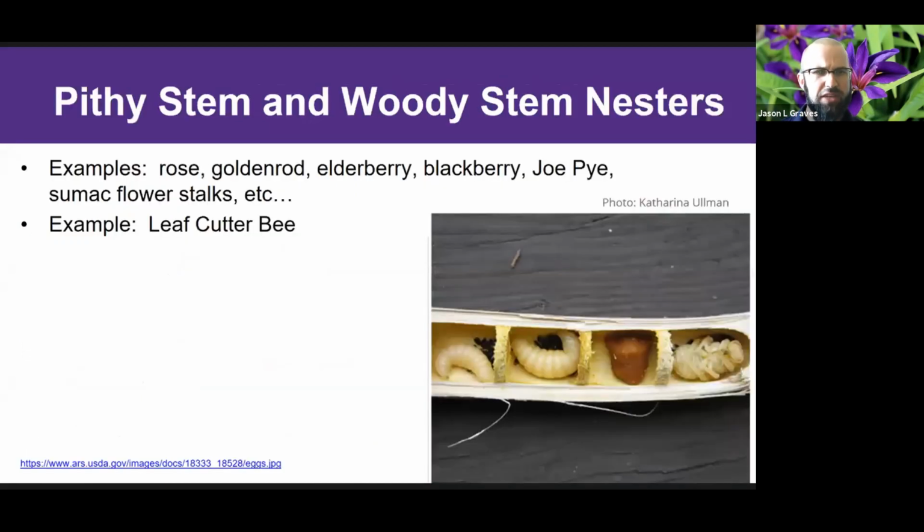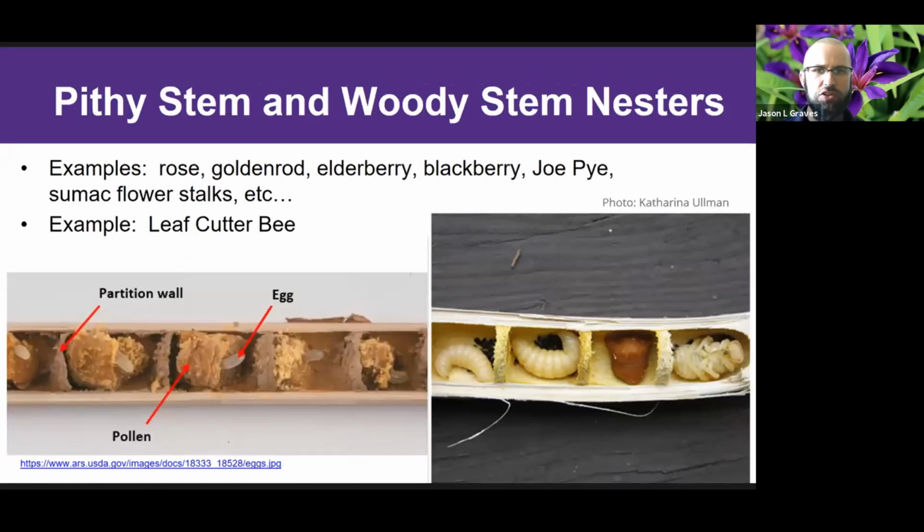We also have pithy stem and woody nesters, and these would be, as you can see here, just some pictures that I found that I think highlight this really well. These bees are using stems. So you can think of roses, goldenrod, elderberry, blackberry, some of our common plants that we grow in gardens that have more of a pithy or hollow stem.